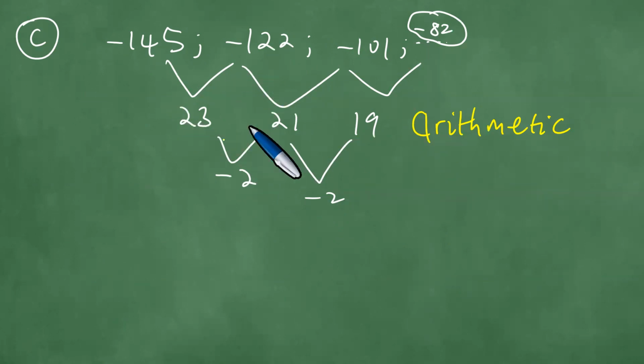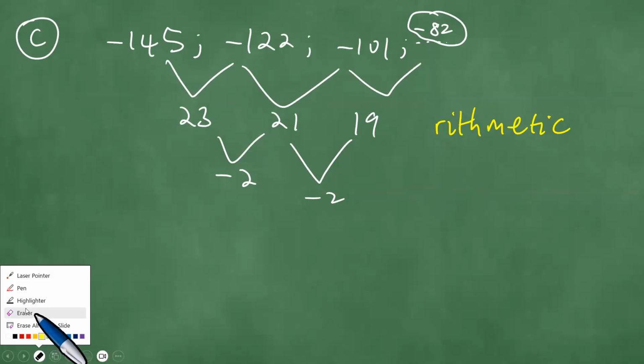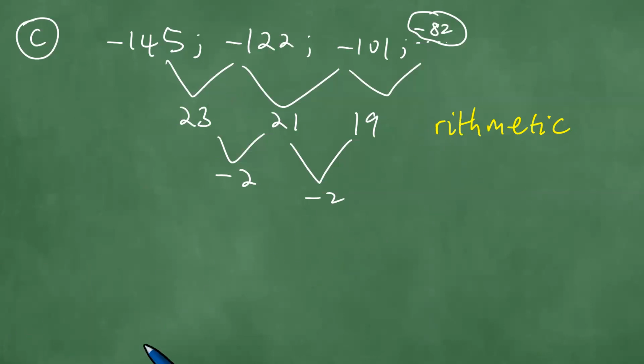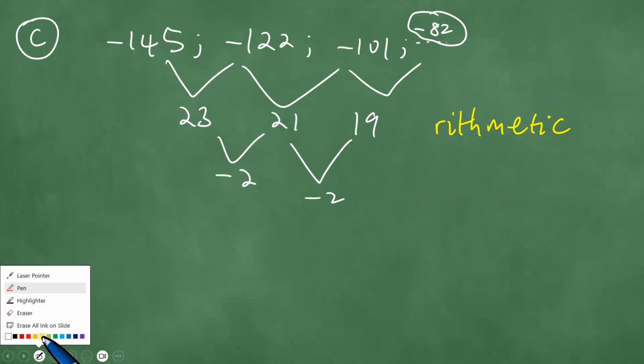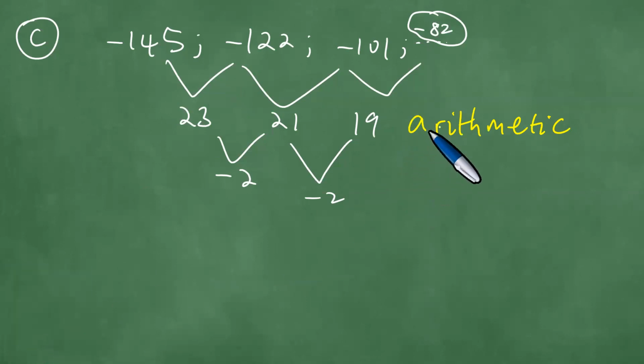Being arithmetic as it is, it means a couple of things, but you need to just take this and find a pattern here. You need to be able to find the formula that you can use here to analyze this.